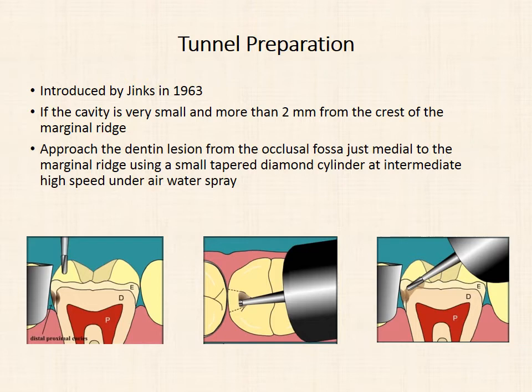So in this, what happens is, if there is a cavity on the occlusal surface along with the proximal surface but not involving the marginal ridge, then we use the tunnel preparation, in which we approach the dentine from the occlusal fossa, that is, from the occlusal surface medial to the marginal ridge, and we use a tapered diamond cylindrical bur at intermediate high speed.